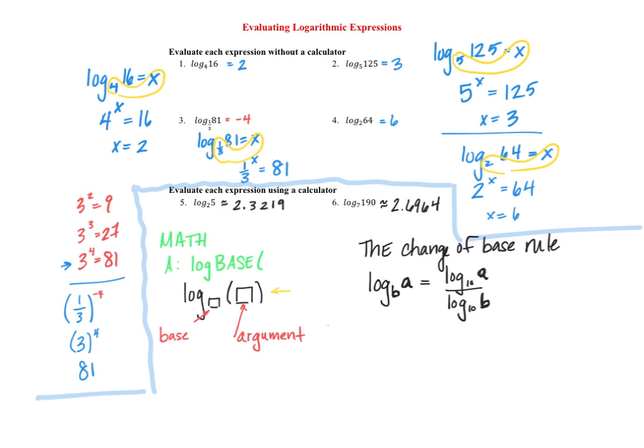Now, why did I choose to use base 10? Well, that's a great question. If we look on our calculator in that left-hand column, you are going to see a button that is written as LOG, capital LOG. And capital LOG is actually called the common log, and that is when you're working with log base 10.